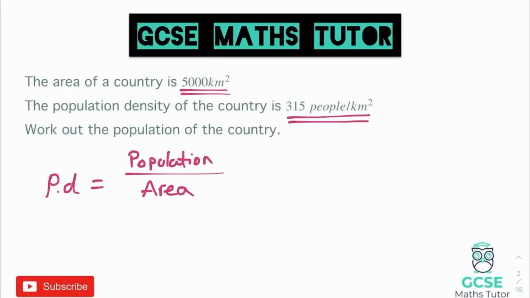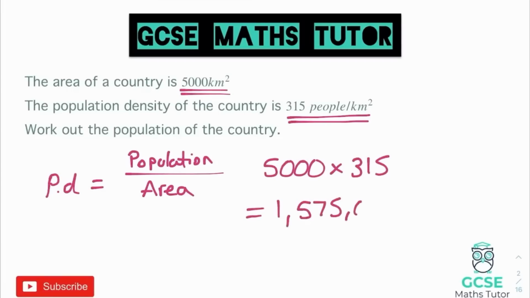So it seems quite logical that if we have 5,000 kilometres squared, we would just do 5,000 multiplied by the 315 people that are in every one of those. Now we can work that out on a calculator, and it comes out as 1,575,000 as our population. So that is 1,575,000 people.